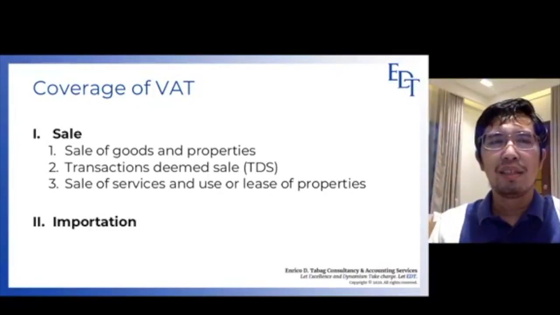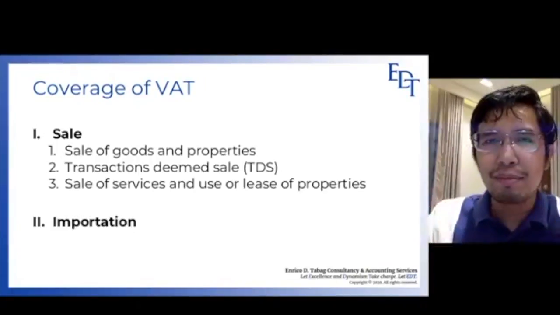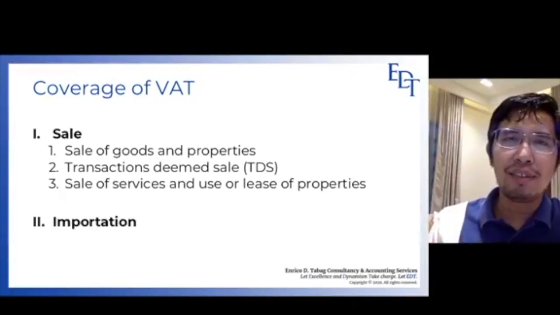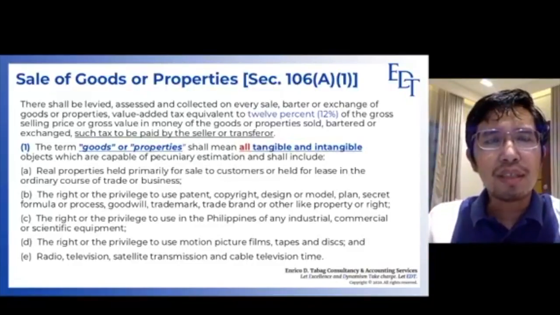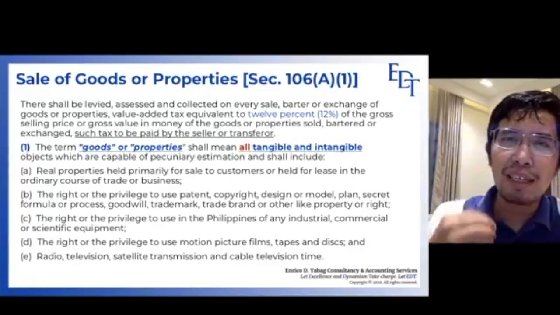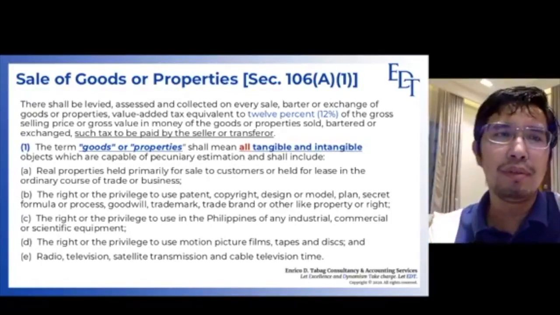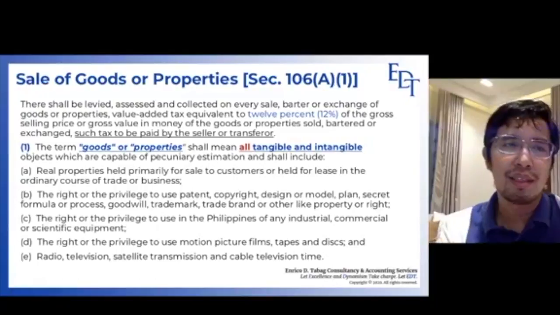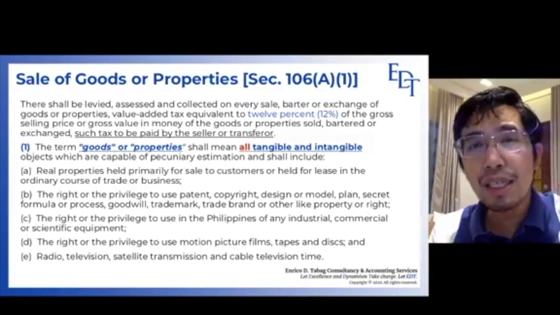Okay. So, therefore, what are the items that will fall under sale of goods? Okay. So, in section 106, paragraph A, subparagraph 1 of the tax code, ito nakalagay. The term goods or properties shall mean.